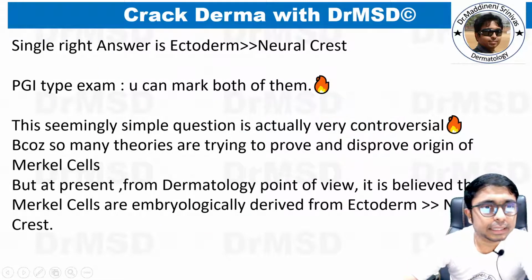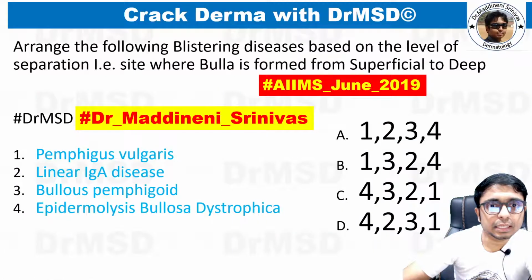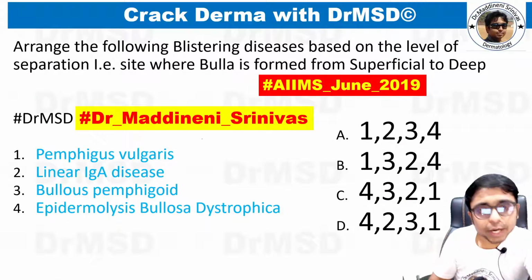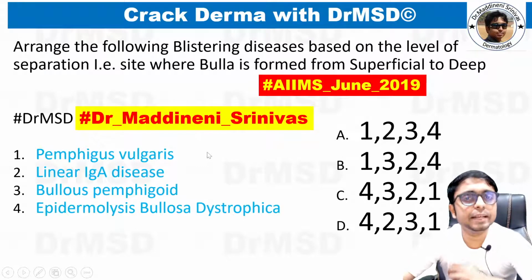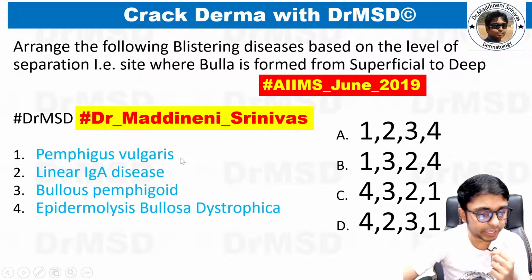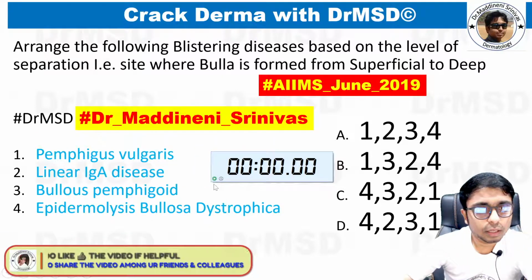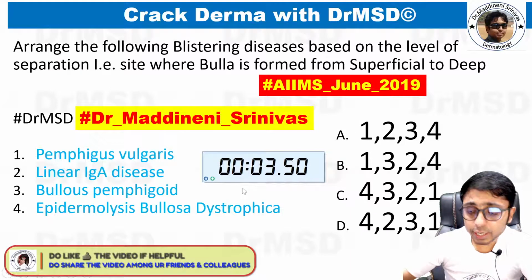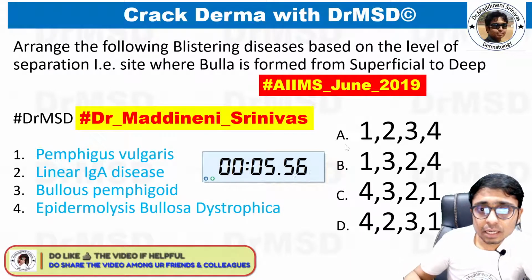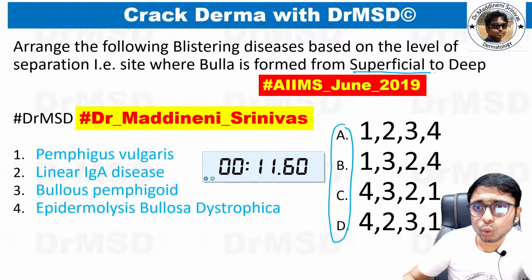Okay, now let us look at the next question. Please try to attempt this question. Probably this is one of the slightly difficult questions in this session. I will give you 1 minute. Please try to mark the answer. These are the options, which is the order from superficial to deep.